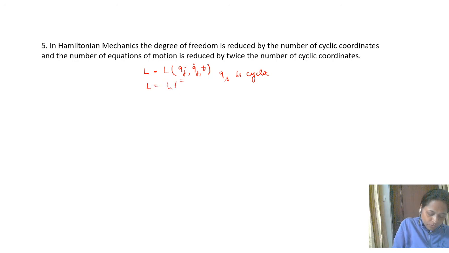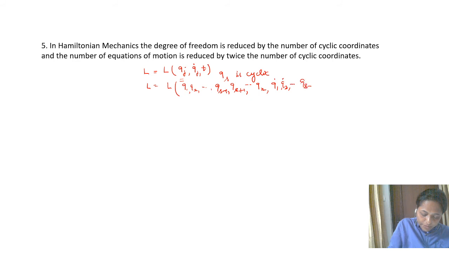L is a function of Q1, Q2, Qs minus 1, Qs plus 1 and Qn, but Q1 dot, Q2 dot, Qs minus 1 dot, Qs dot, Qs plus 1 dot, Qn dot, and time, right? So all the generalized velocities still occur. So we cannot say that the degree of freedom is reduced. Degree of freedom will remain the same.